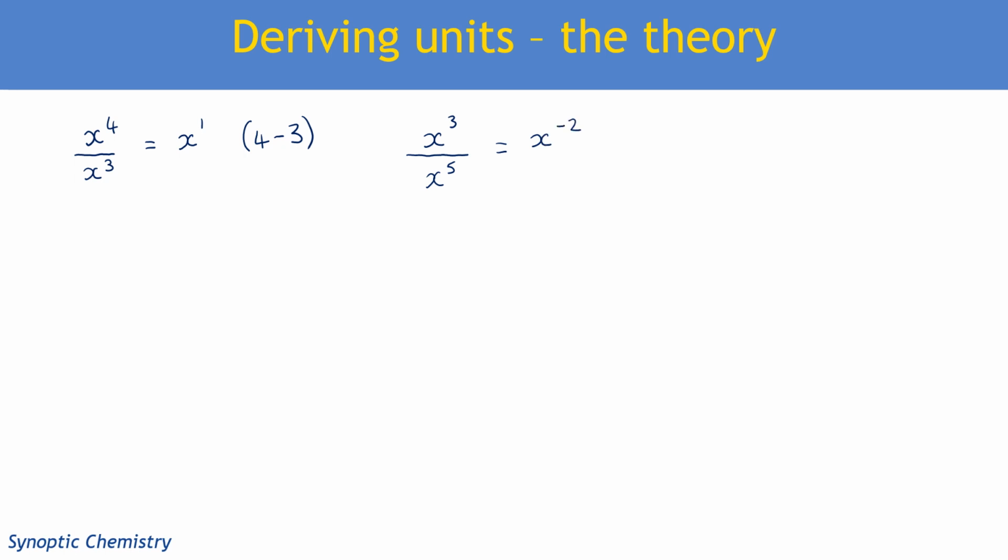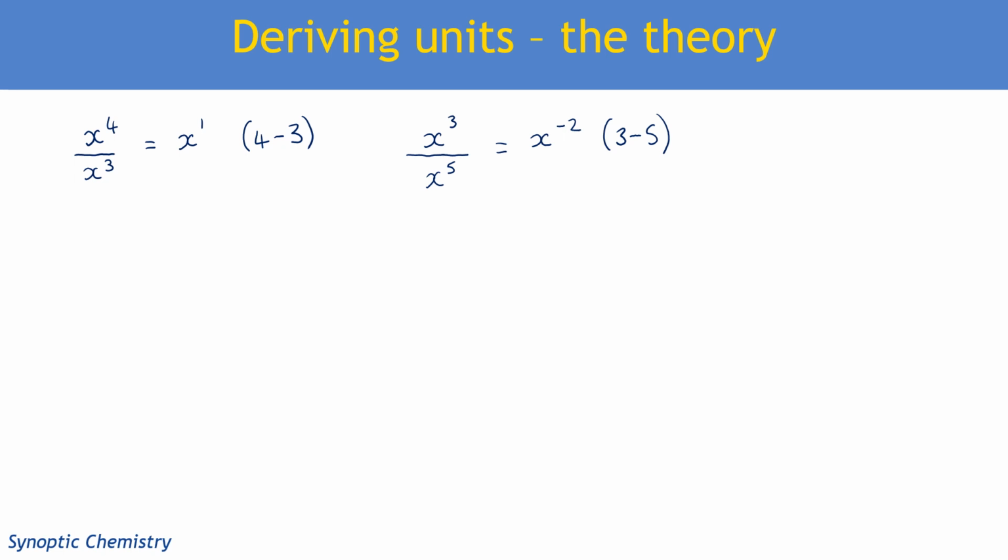Alternatively, that is 1 over x squared. So let's leave it as x to the power minus 2 because that's how we're going to be expressing these units. You've just got to try and get used to this idea of this is what it looks like. So there we did the top take away the bottom. So here we did 3 minus 5. That gave us minus 2.